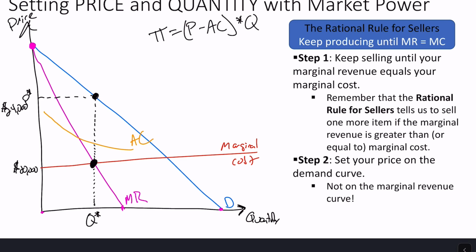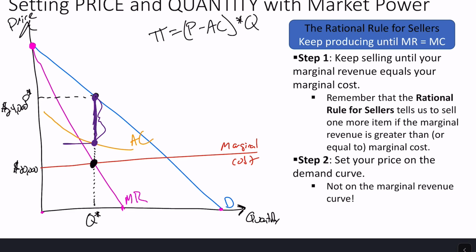So our price will be $24,000 right here. Average cost is right there at that quantity. And so we have a positive per unit profit margin there where price is greater than our average cost. That vertical distance is our per unit profit margin.